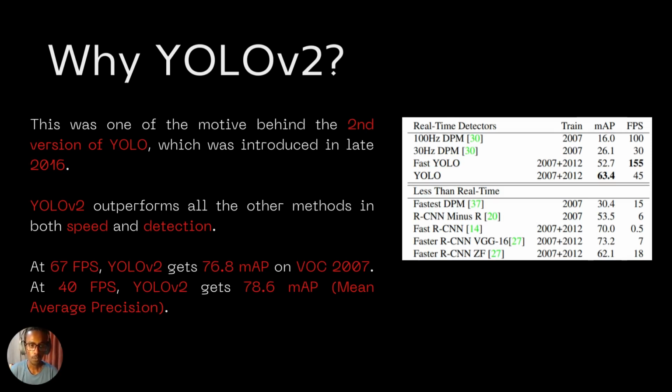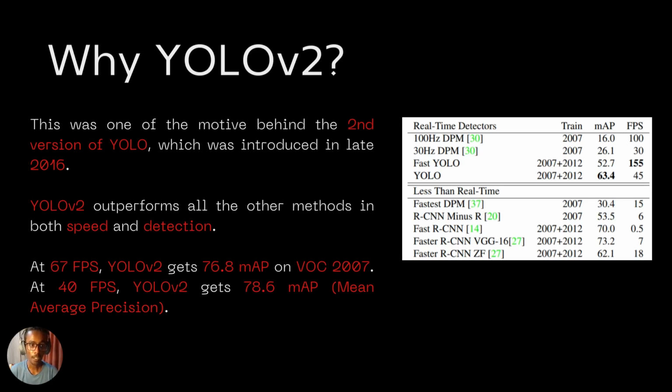YOLO v2 outperforms all the other methods in both speed and detection at that time. At 67 frames per second, YOLO v2 gives a mean average precision of 76.8 on the Pascal VOC 2007 dataset.